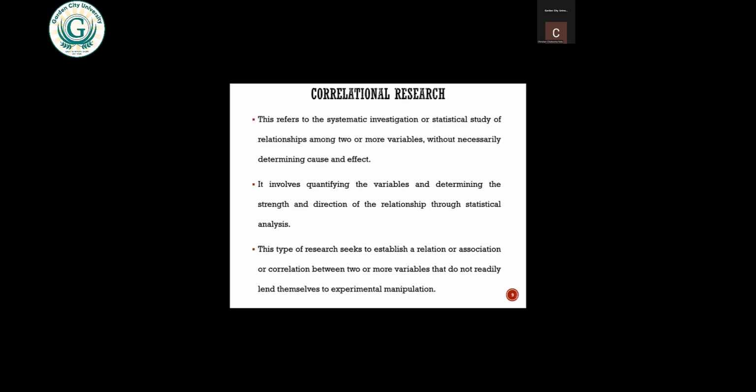For example, you want to find out how good diet can influence the hemoglobin level of your pregnant clients.